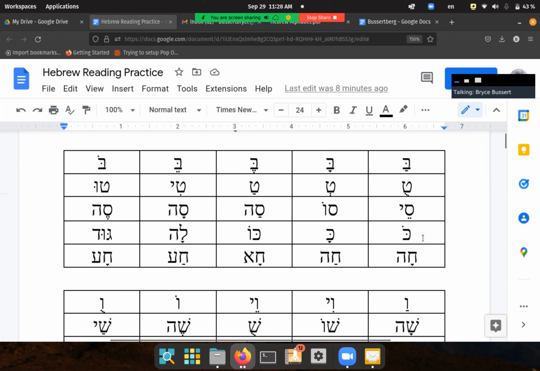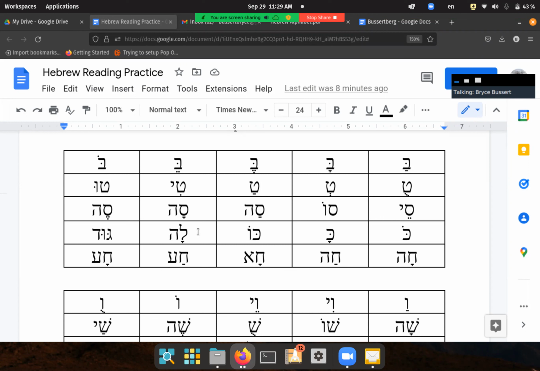All right, fourth row, ko. This is kaf with a dot, a dagesh, in the middle, so it's k. And then you have this dot in the top left corner, which is the vowel, so that is ko. All right, next up is ka. Then we have ko again, except this time there's a vav under our dagesh.